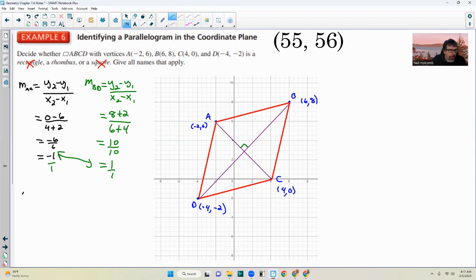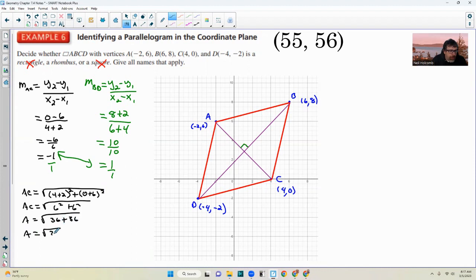So AC equals the square root of the difference of the x's squared plus the difference of the y's squared. So AC, 4 minus a negative 2, which is 4 plus 2, and y's 0 minus a negative 6, or 0 plus 6. So AC is going to equal the square root of 6 squared plus 6 squared, which is the square root of 36 plus 36.